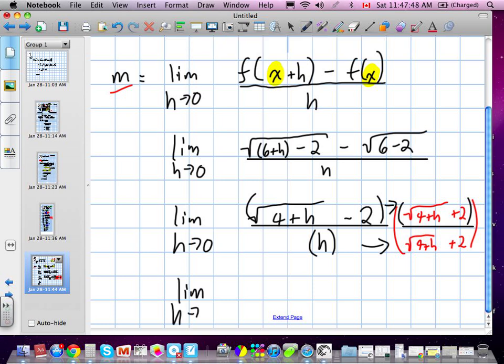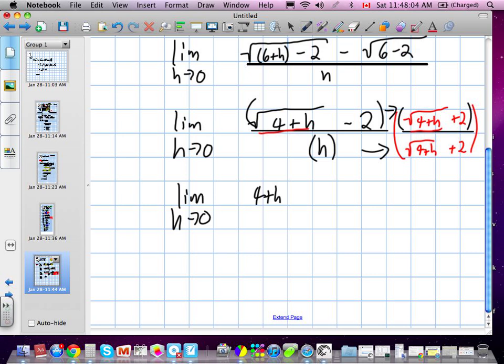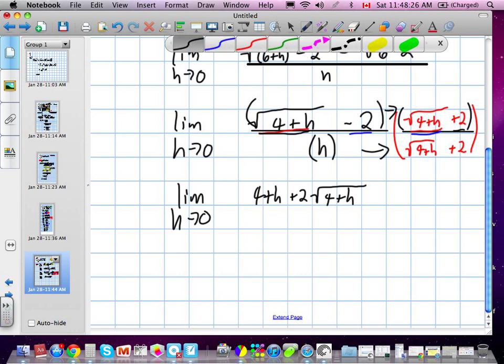Our first terms are root 4 plus h times root 4 plus h. Do you know what that's going to leave us with? 4 plus h, good. Then our outside terms, root 4 plus h times positive 2, give us 2 times root 4 plus h. Not much we can do because we can't root that number. Our inside terms, negative 2 times root 4 plus h, give us negative 2 root 4 plus h.